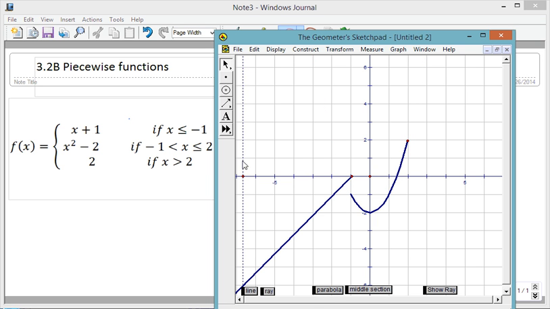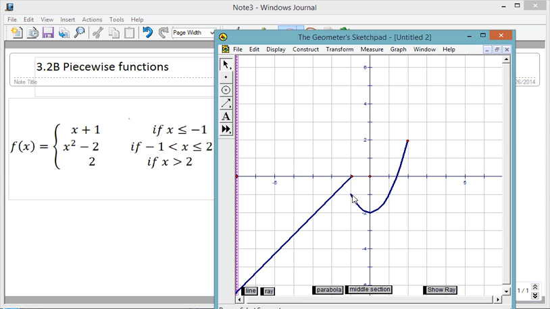And you notice that right here at -1, I'm including the endpoint on this ray, this line here from the original line, from the first piece.